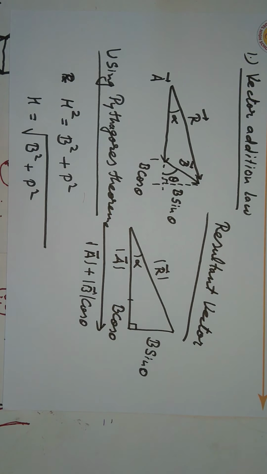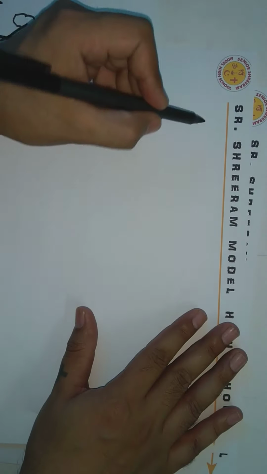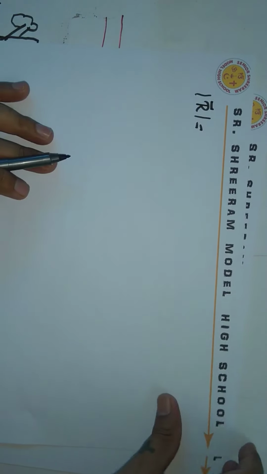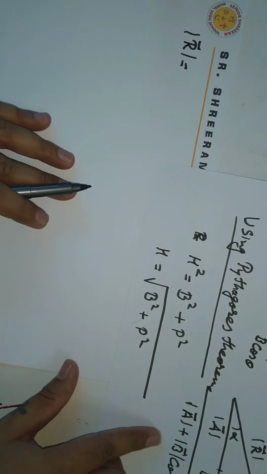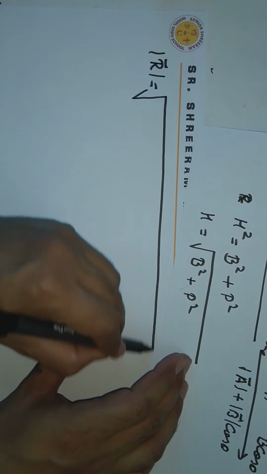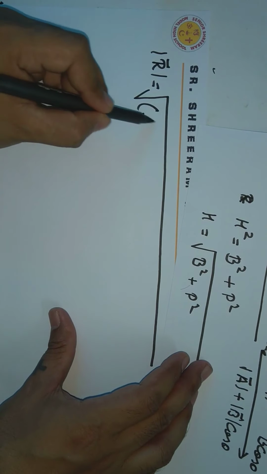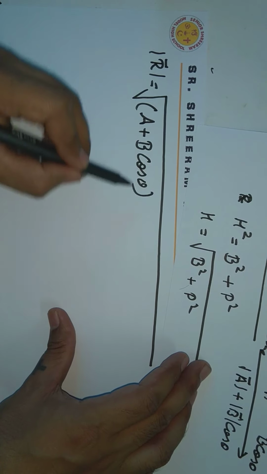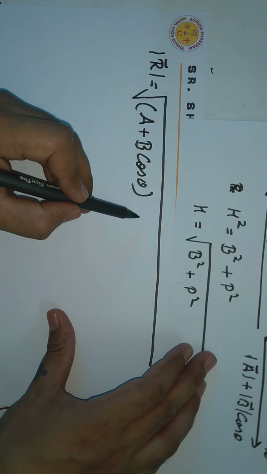Now we do the calculation. R magnitude is equal to, so what is our base? Base is A plus B cos theta, all under the root.